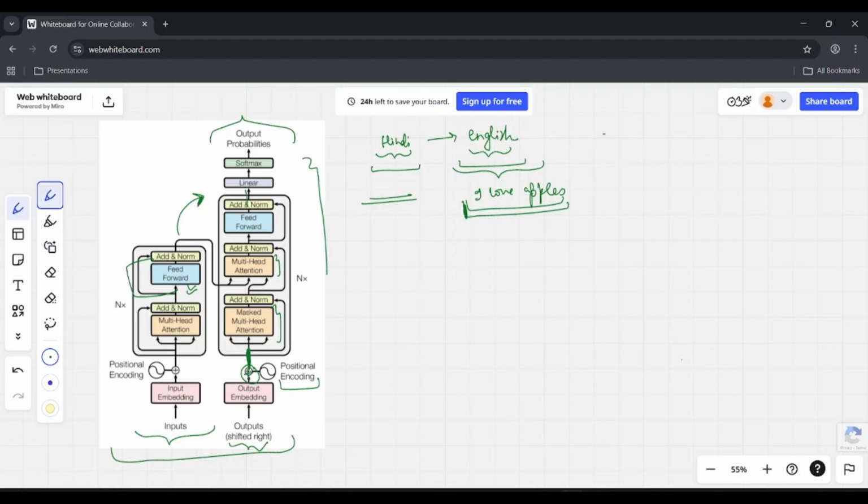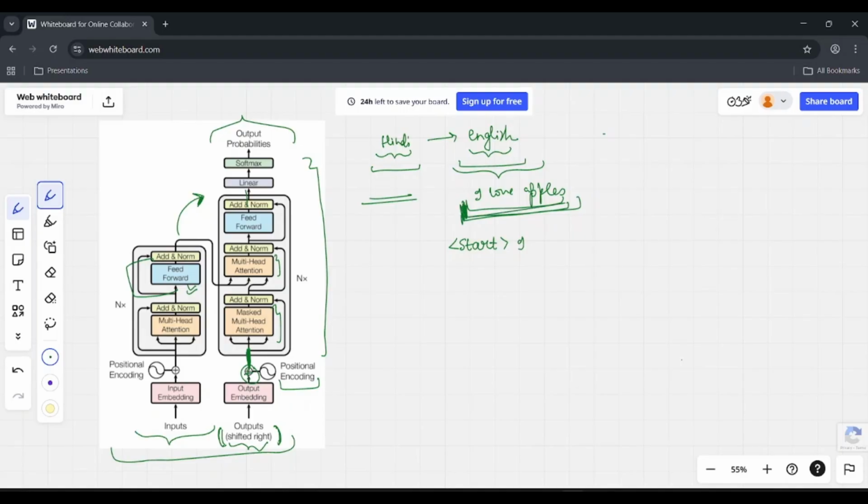The final vector that you get goes as input in a decoder block. But there's a catch here, you are doing one additional step here, and that is you are shifting right. What does that mean? Rather than passing this entire sentence as it is, you are adding a token here at the very start.